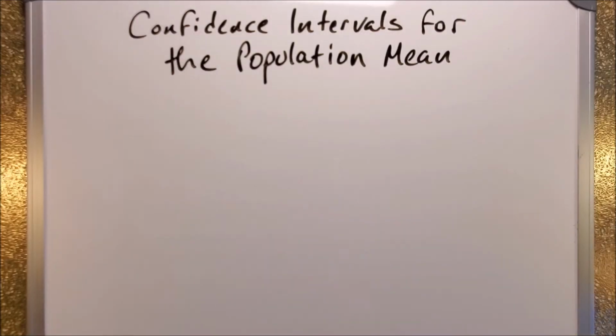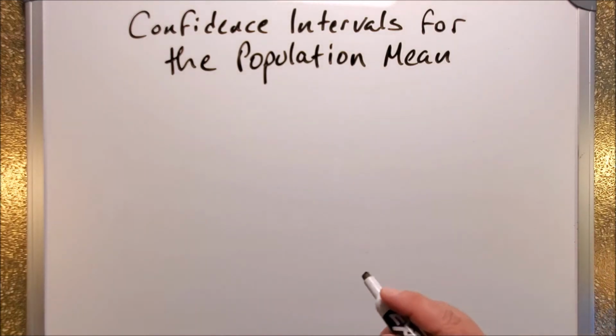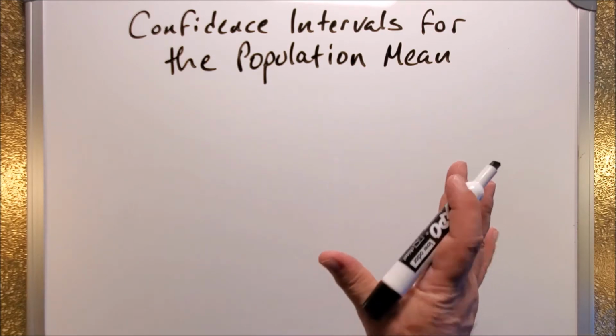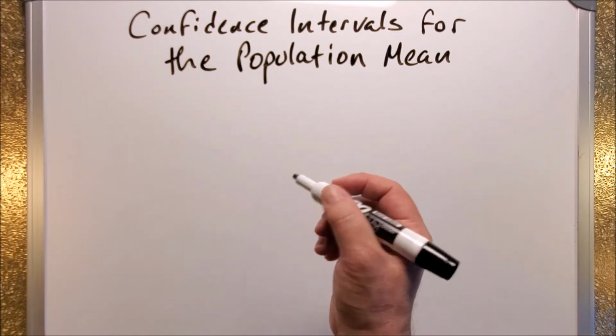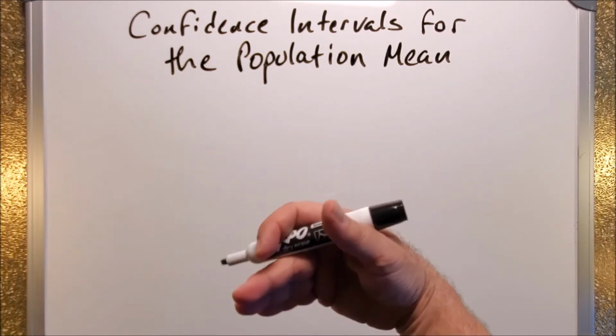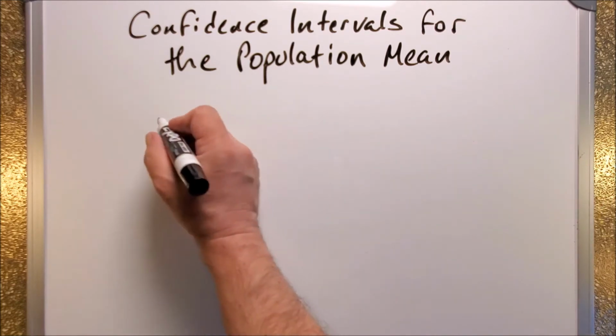So let's talk about confidence intervals for the population mean. If you've been following the videos for confidence intervals for the population proportion, then you, thankfully, basically have the idea. Instead of having p hat that acts as our pivot number that we're adding and subtracting to and from, we actually have a sample mean.